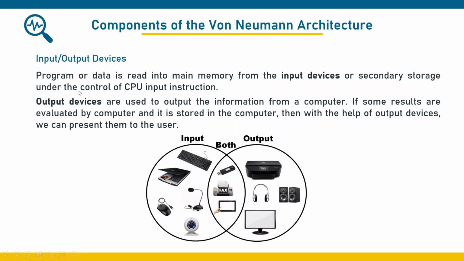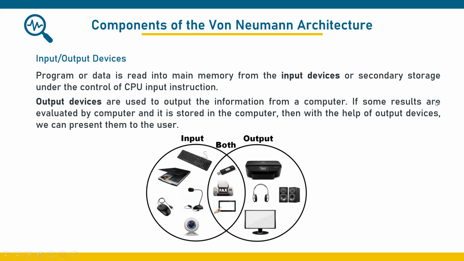Program or data is read into main memory from the input devices or secondary storage under the control of the CPU input instruction. Output devices are used to output the information from a computer.